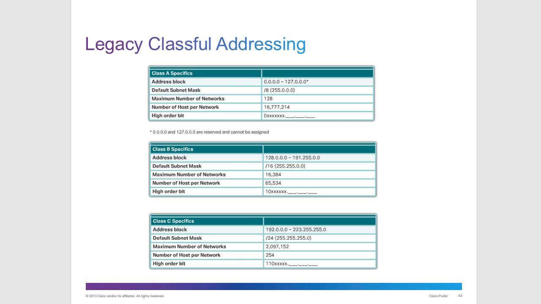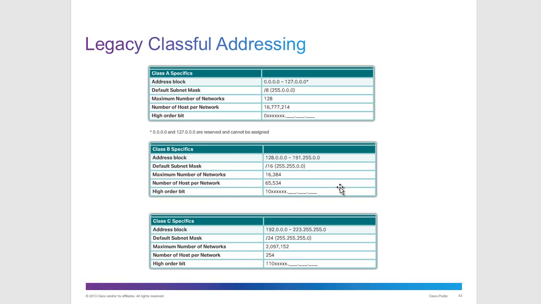The maximum number of hosts on a Class C address is 254. Let's say you needed 500. Well, you'd have to go up to a Class B address, with a maximum of 65,534 hosts, which means about 65,000 host addresses are wasted.